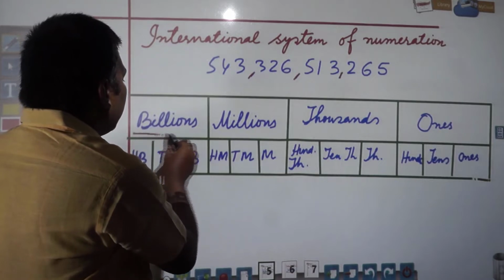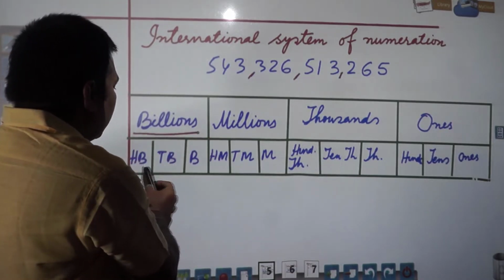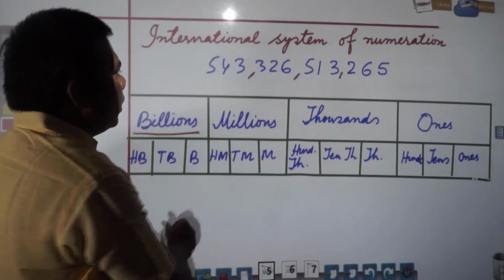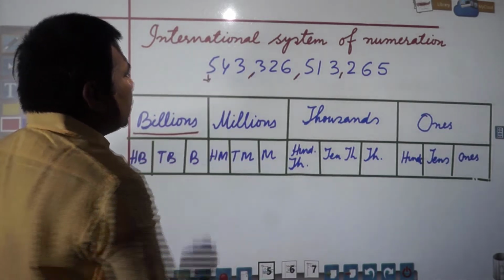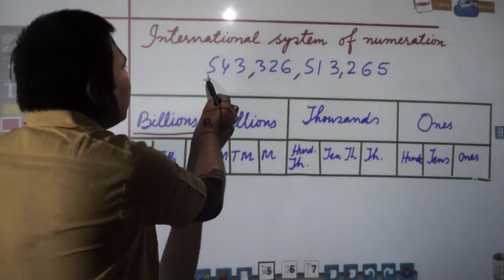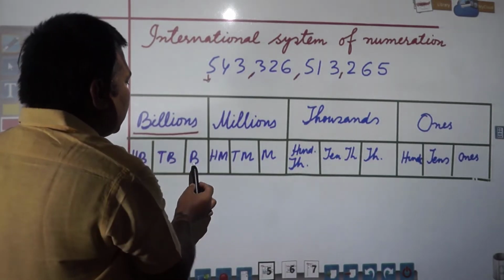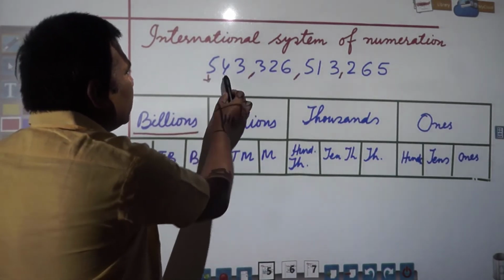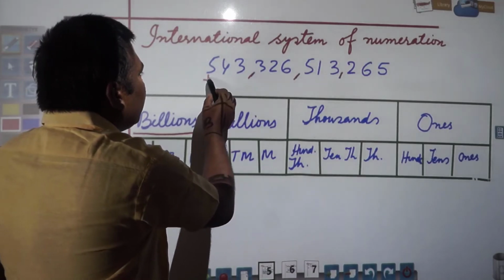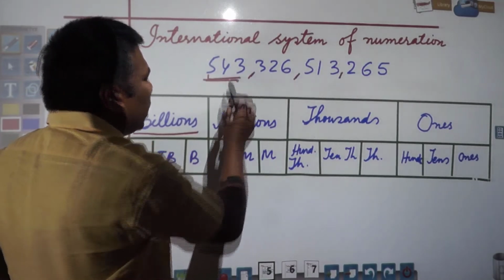In the billions period you see hundred billion, ten billion and billion. This is in the hundred billions place. So this is 500, this is 10 billion which means 40, and this is billion which means 3. This becomes 43, so this becomes 543.